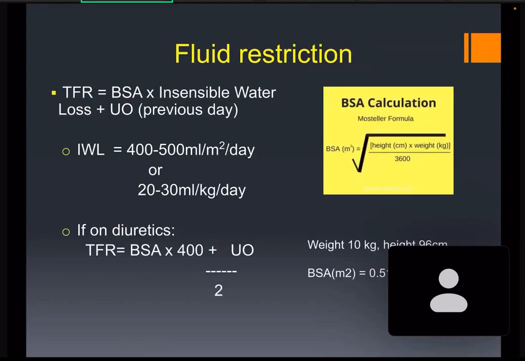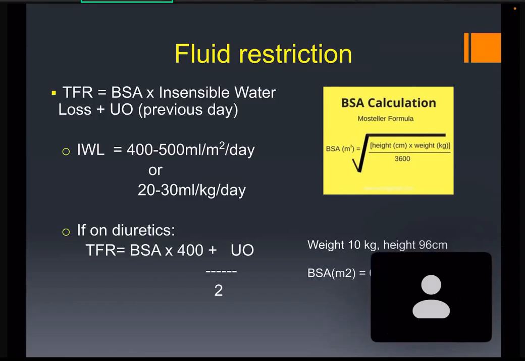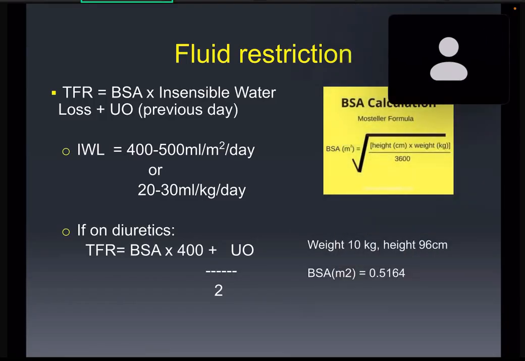For doing this, you have to compute the BSA calculation. So how do we limit? For example, the 10-kilo boy. So how are we going to limit it? You compute for the TFR, or the total fluid requirement in a day, that is equal to the BSA times the insensible water loss.